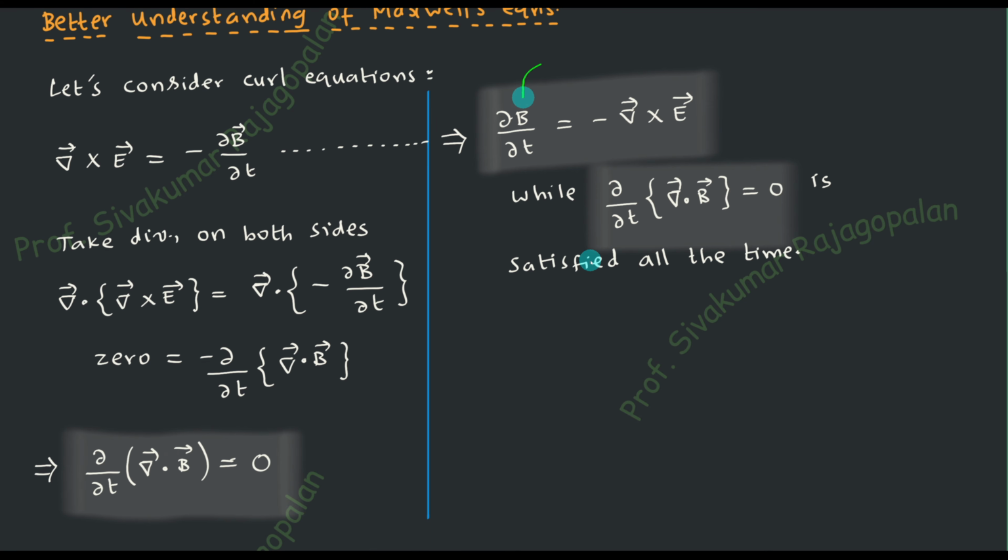The Hamilton equations of motion are like q dot and p dot, right? So the dot is the time derivative. So here I'm trying to give a similar kind of appearance. Here you have the time derivative, so it is actually looking like B dot, magnetic field dot. Dot means time derivative.